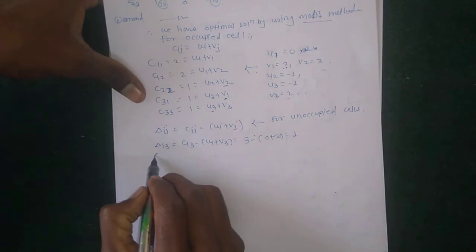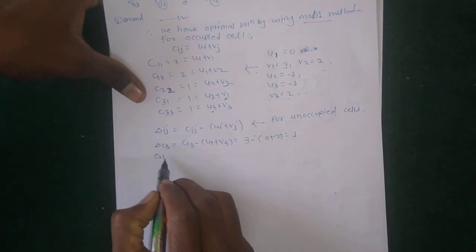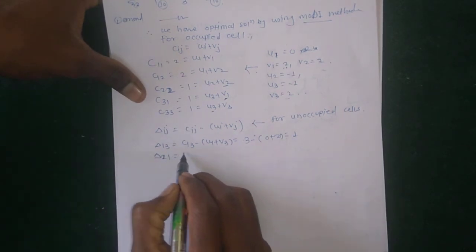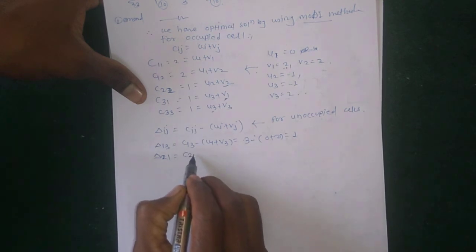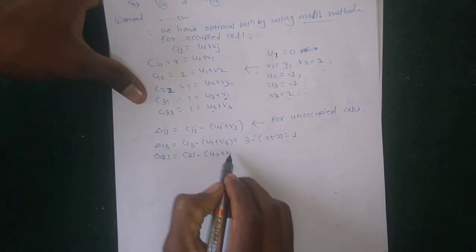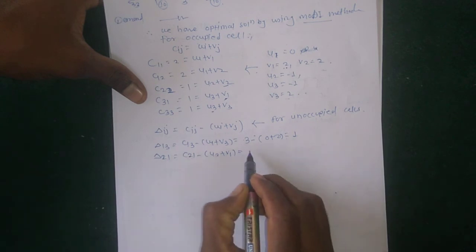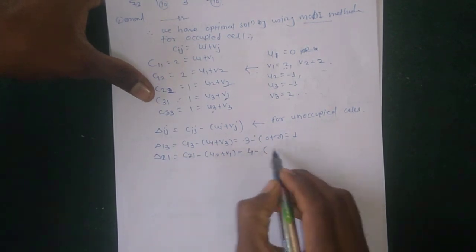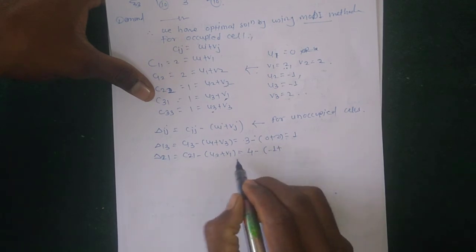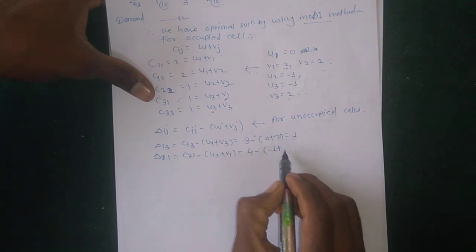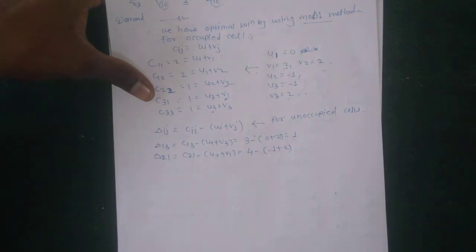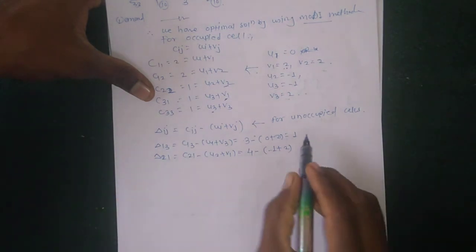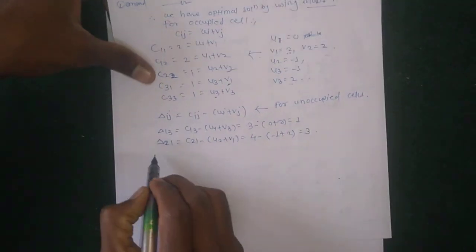So then next is delta 21. Delta 21 is equal to C21 minus (u2 plus v1). C21 value is 4, minus (u2 is minus 1, plus v1 is 2). So minus 1 plus 2 is 1, 4 minus 1 equal to 3. This value is also positive.